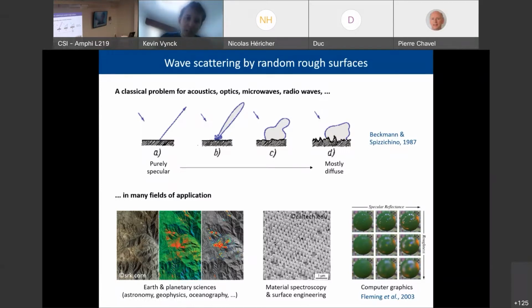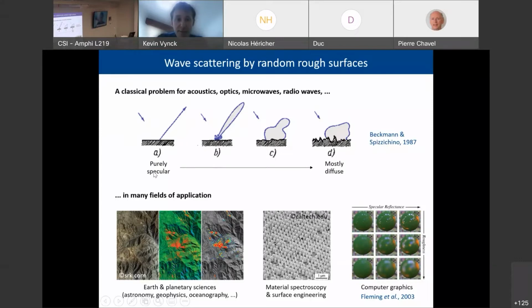And when you increase the surface roughness, you expect to have more light that will be spread in all directions of space. Eventually, when the surface will be extremely rough, as shown on this figure, then you expect to lose the specular property, and light will be scattered really in all directions. The surface will become nearly Lambertian, I would say.